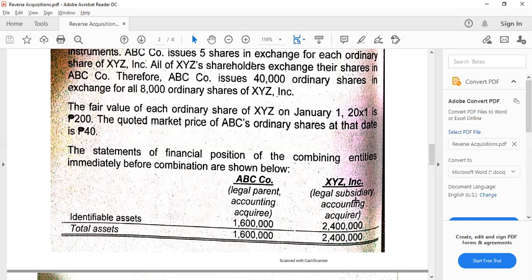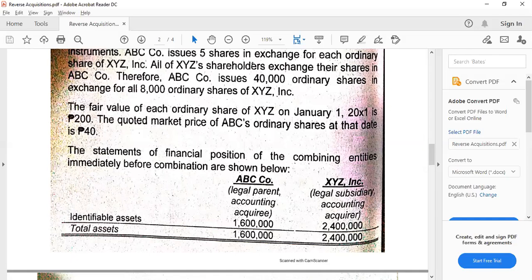XYZ company or incorporated is the legal subsidiary or the accounting acquirer. So this is the entity then that, legally speaking, is to be acquired by ABC company, that is the legal parent. So ABC company is, in this subsequent example, the acquirer, legally speaking. So it is made into consideration in such a way that it would issue shares to acquire XYZ.